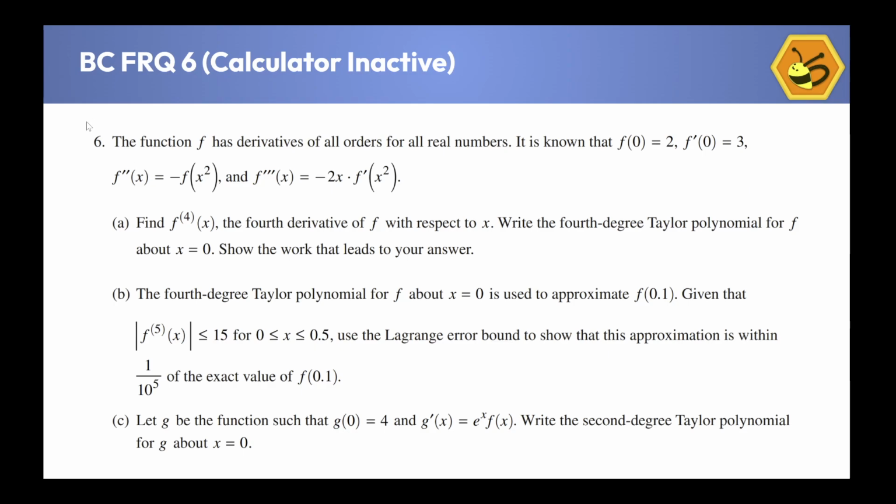FRQ 6 is about Taylor series and Lagrange error bounds. Since I only have time for one now, I'm going to make a poll on which one I want to do.